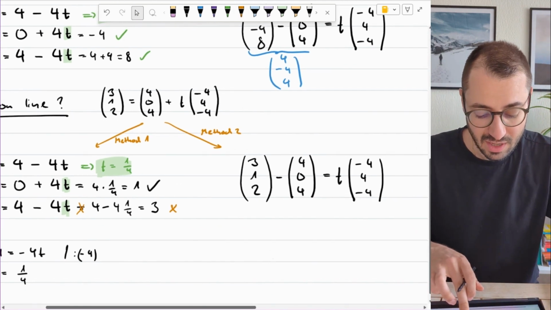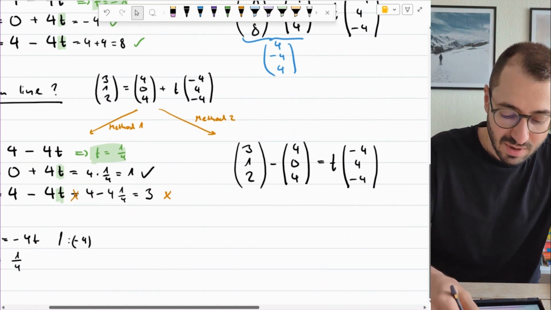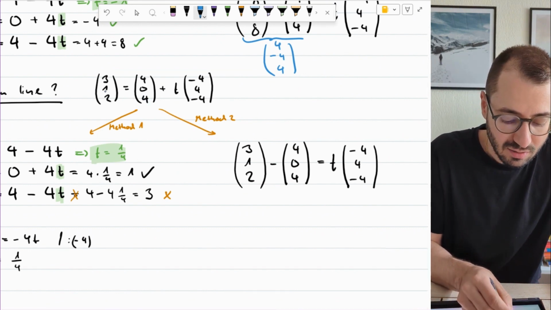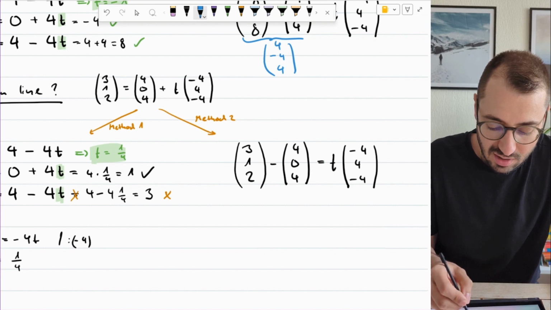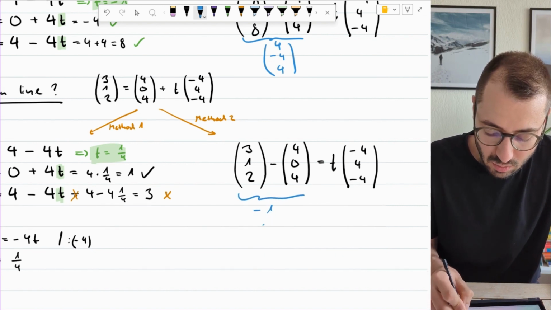We should get the same result with the second method. Again, we subtract this part from this part, so we'll get (-1, 1, -2).